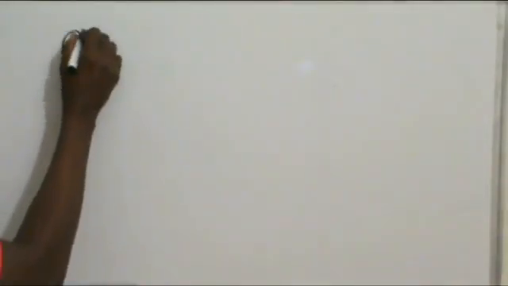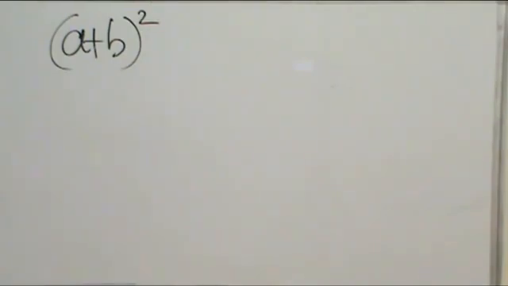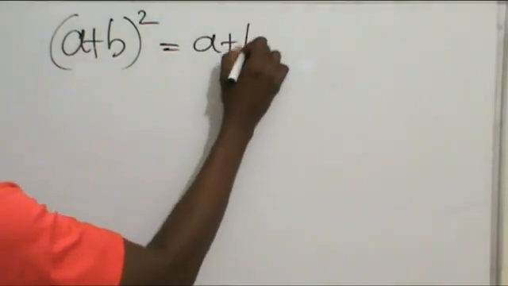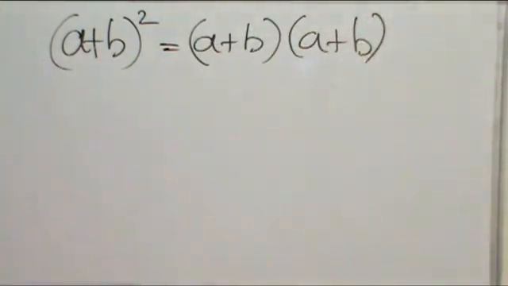So first thing we're going to look at is the expansion of, let us say, (a plus b) all to the power of 2. (a plus b) squared is the same thing as (a plus b) multiplied by (a plus b).